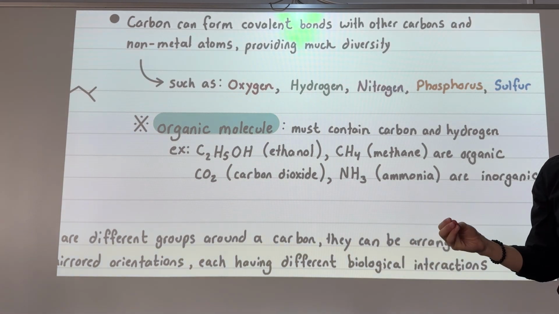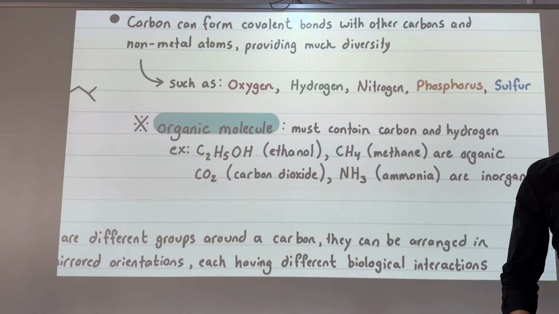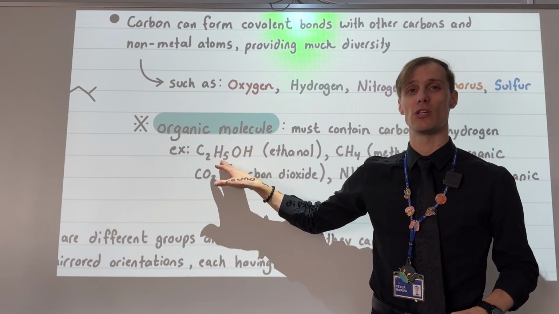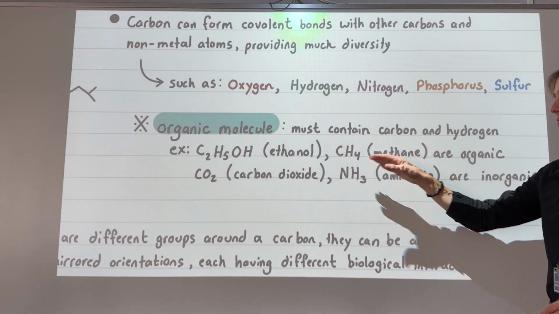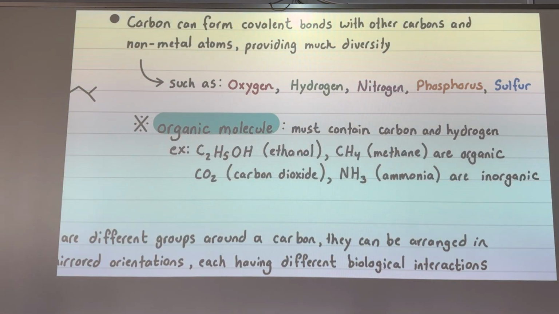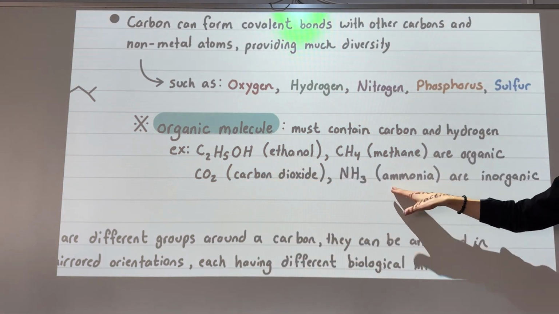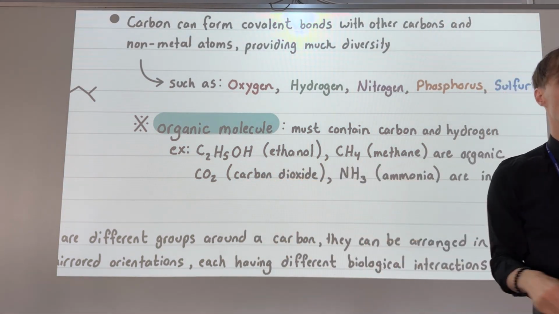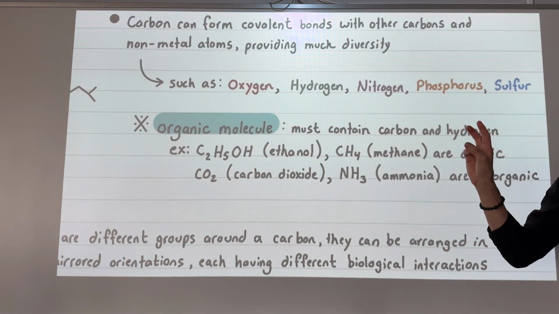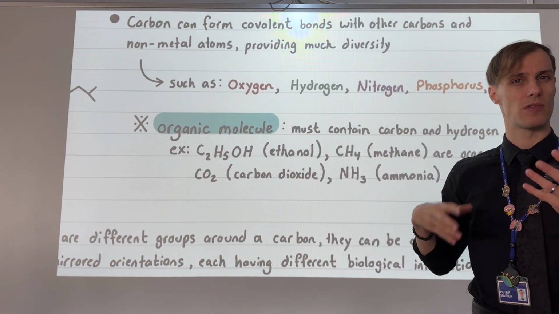So, for instance, ethanol would be considered an organic molecule. Even though it contains oxygen, it contains carbon and hydrogen bonded covalently. Same thing with methane. This would also be considered organic. However, something like carbon dioxide or ammonia, even though both of these molecules are highly associated with biological systems, they would not be considered organic because they do not have carbon and hydrogen bonded covalently within their structures.